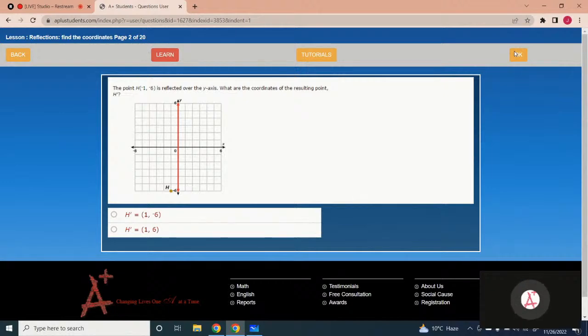Yes, very good. Just the sign of the x component is changed and the y coordinate remains the same. So it would be 1 and negative 6. Got it? So just select the correct option and click on the OK button.